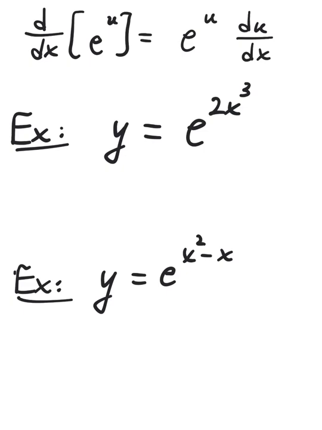That just represents making an exact copy. And then the du over dx, that just says take the derivative of whatever the exponent is. Moving into our first example, y equals e to the 2x cubed. When we take the derivative, we're going to make an exact copy of what we see. So that's e to the 2x cubed.